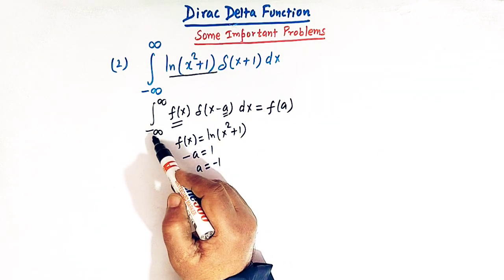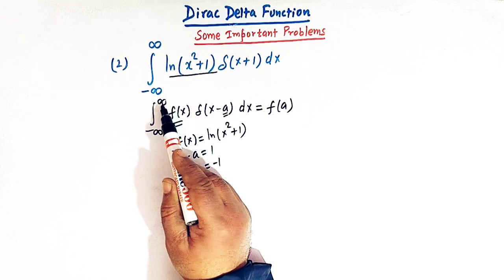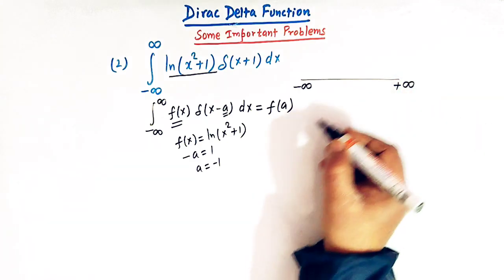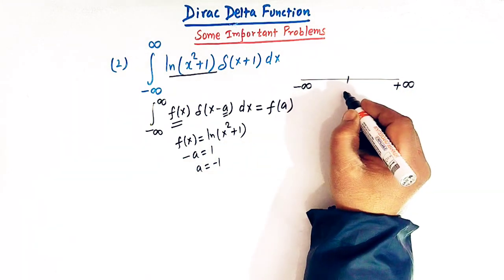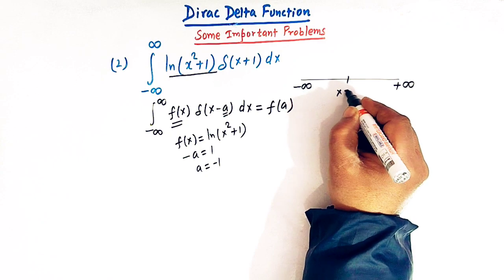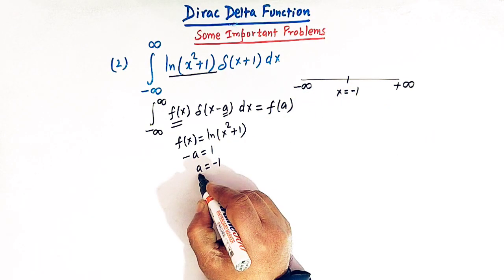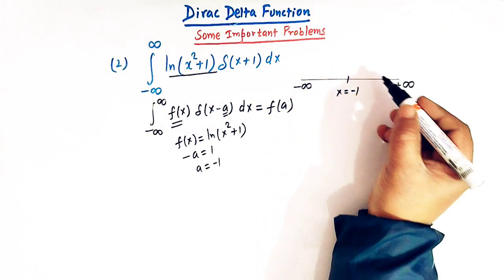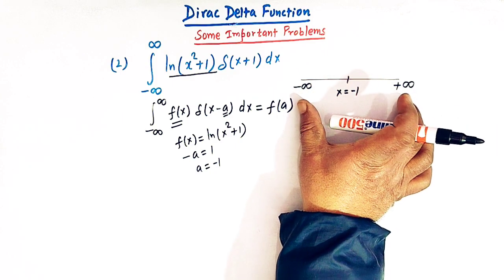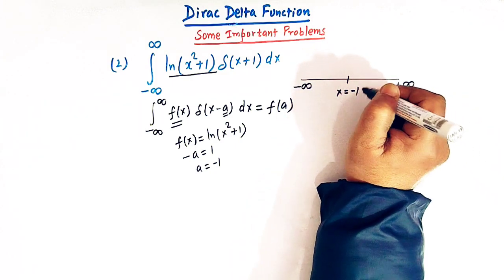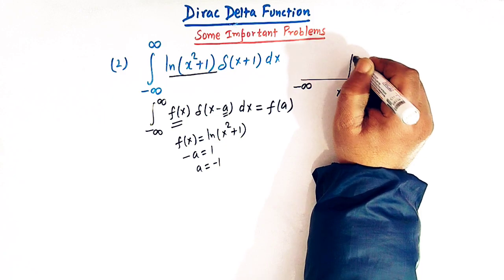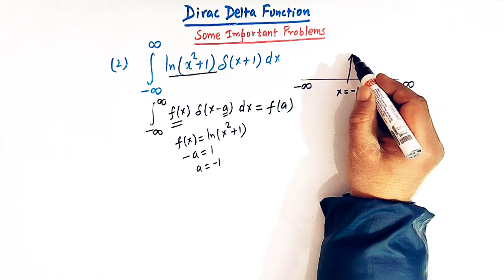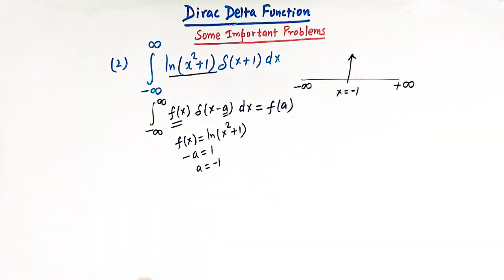And minus 1 lies between minus infinity and infinity. So here we have minus infinity, here we have plus infinity, and this is the point x equal to minus 1, which is a equal to minus 1. So the Dirac delta function is 0 in the entire number line except at x equal to minus 1, right? So here the value of the delta function exists at x equal to minus 1.